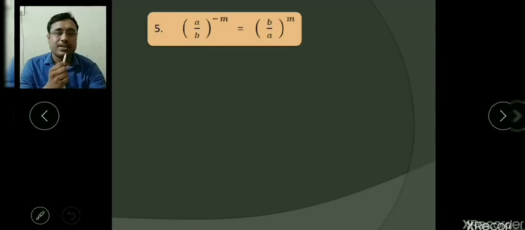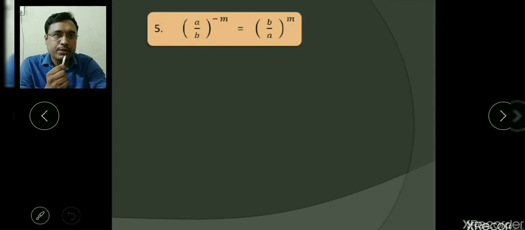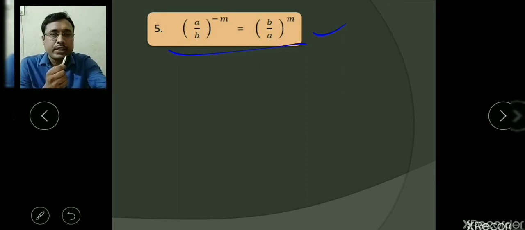Now the next law of exponent is the fifth one, you see. It is the next law of exponent, that a by b raised to the power minus m is equal to b by a raised to the power plus m. So what we are understanding from here, students, is that when you change the sign of the exponent, then you have to take the reciprocal of the base.